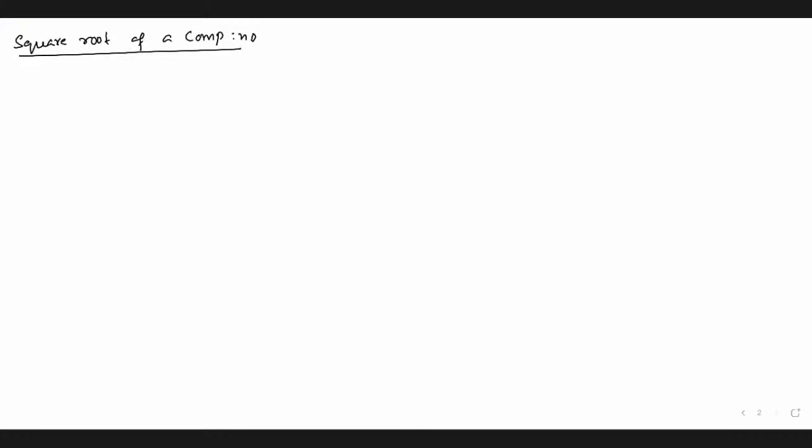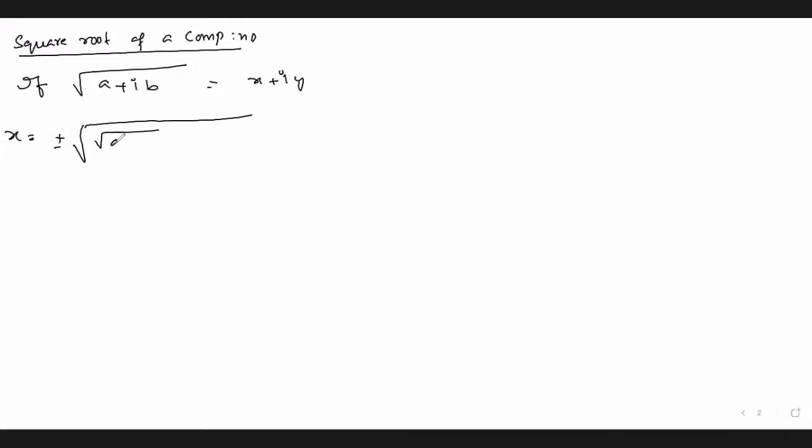Now, if root of a plus ib is equal to x plus iy, then x is equal to plus or minus square root of (root of a square plus b square, plus a) by 2.